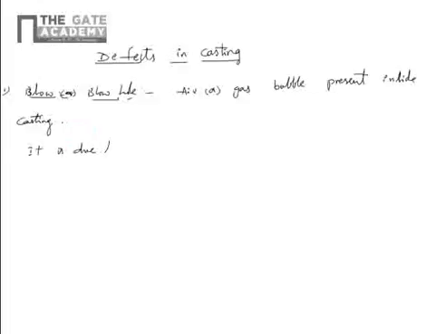We have discussed what porosity means: the ability of a molding sand to allow the gases present inside the casting cavity to escape outside. So if the porosity is less, gases will stay trapped inside the casting, which forms blowholes.